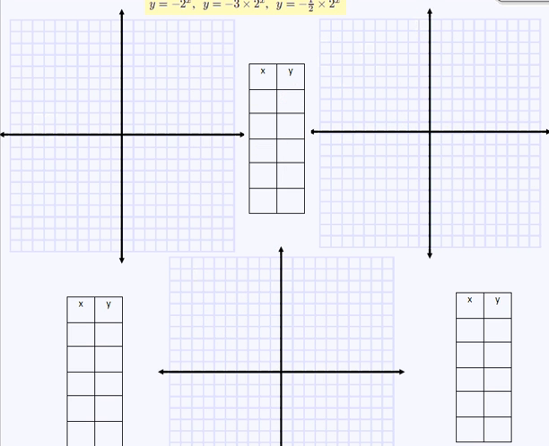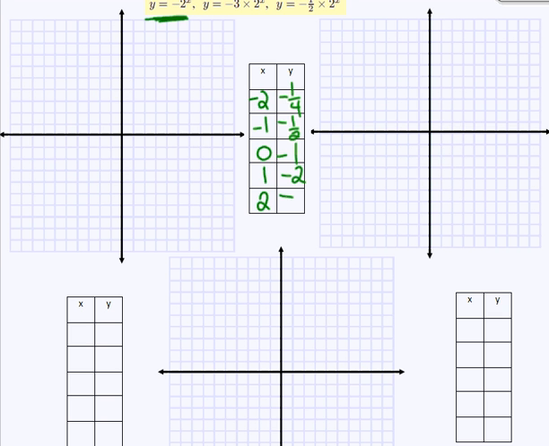Okay, negative 2 to the x, that is going to be an x-axis reflection. And just to show you that, we plug in negative 2 for x, we get 1/4, and then we're going to make that negative. So negative 1/4. This will be negative 1/2, this will be negative 1. 2 to the 1 is 2, and we make it negative, and 2 squared. Remember, if the negative is not in brackets, you do the power first, and then you make it negative. So this is telling us do 2 squared, and then make it negative.